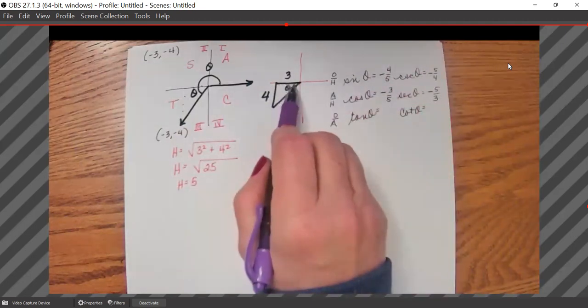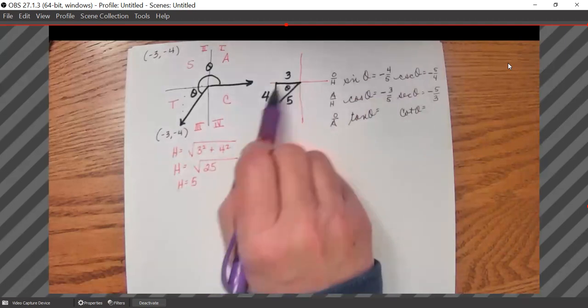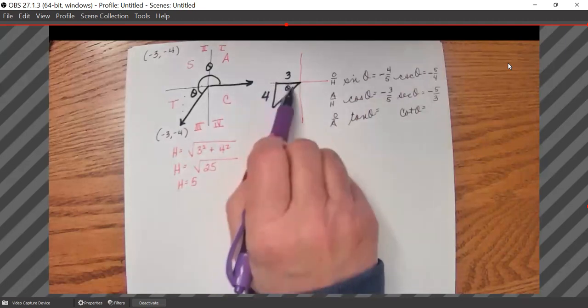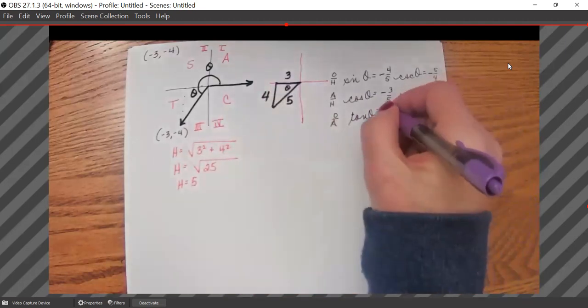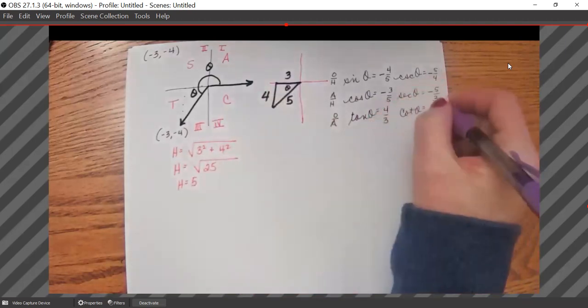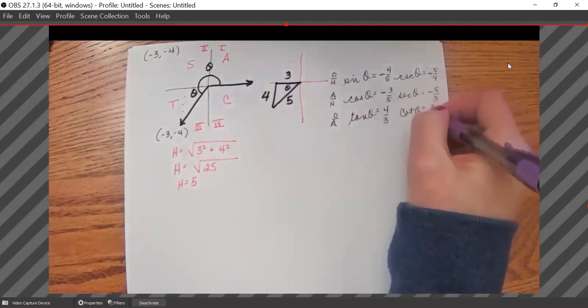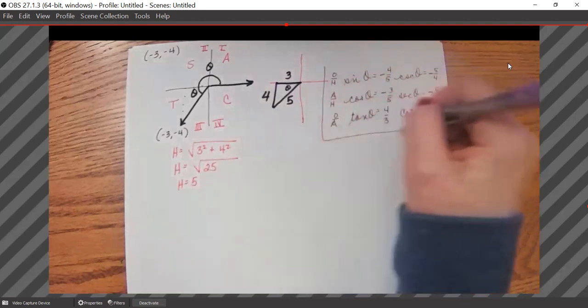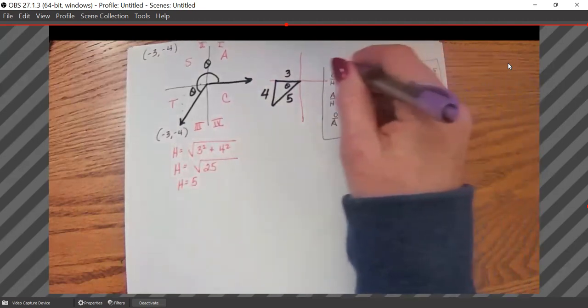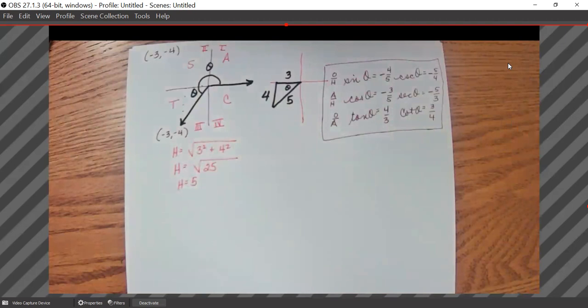Now, for tan of theta, opposite over adjacent. Well, opposite side is 4, adjacent side is 3. Positive 4/3, which means my cotan is positive 3/4. And that is my answer for example 2.